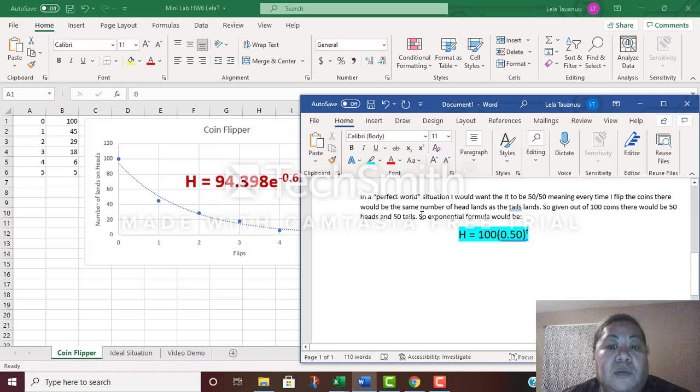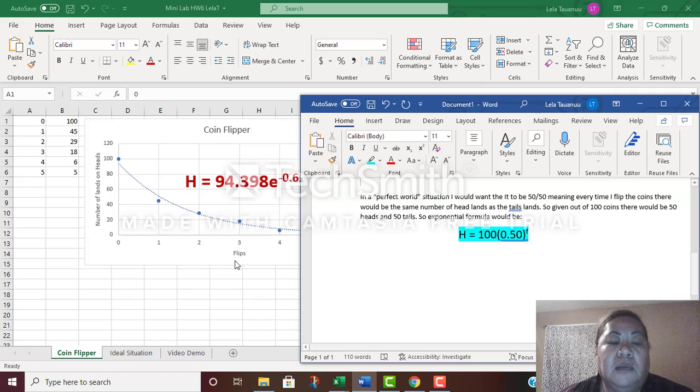So we would flip for 5 rounds, and each round, the number of heads that I got on that round, I would want the equal amount of heads and tails on my next flip. So that equation would reflect as H equals 100 times 50%. 50% or 50 from 100 is 50%. That's our rate. And then F as our X value for the round of flips.